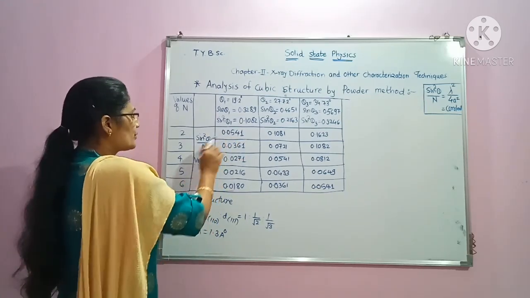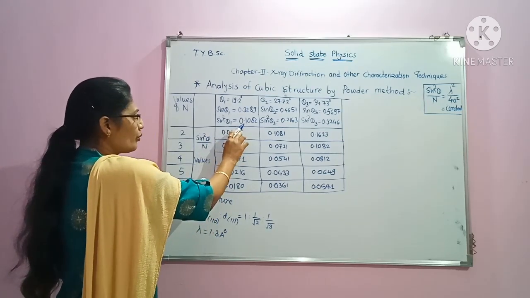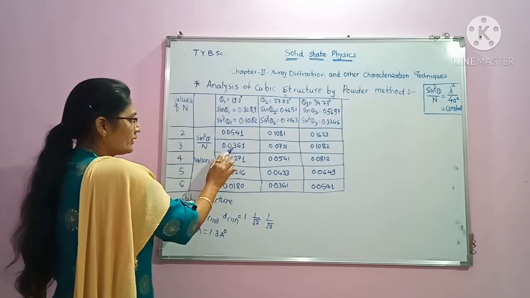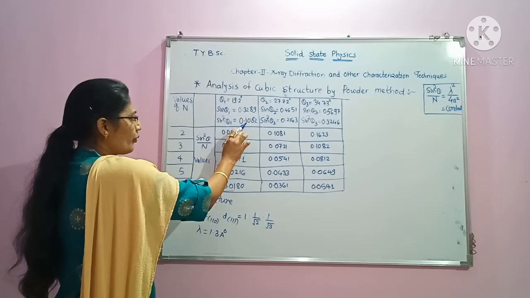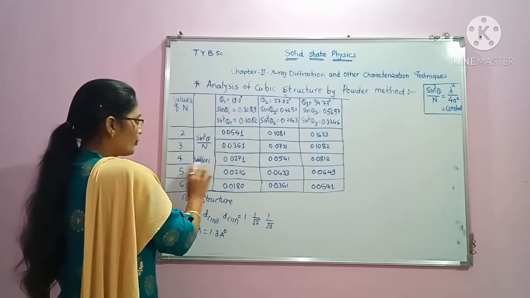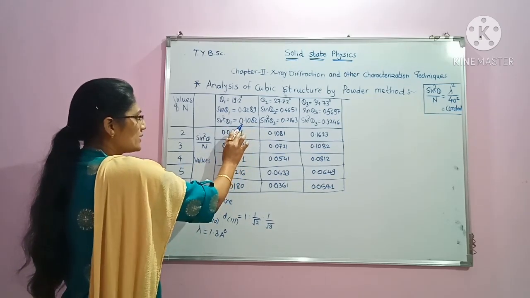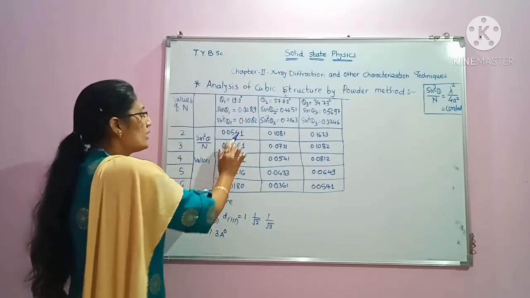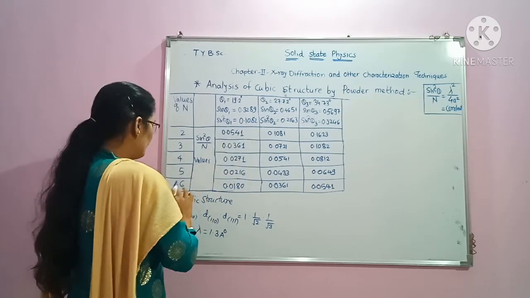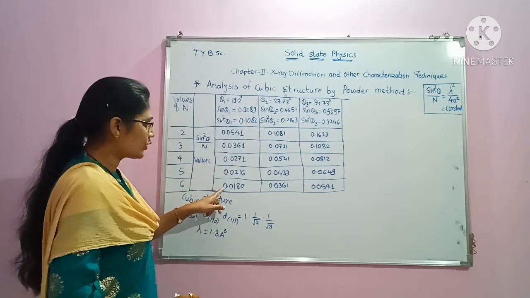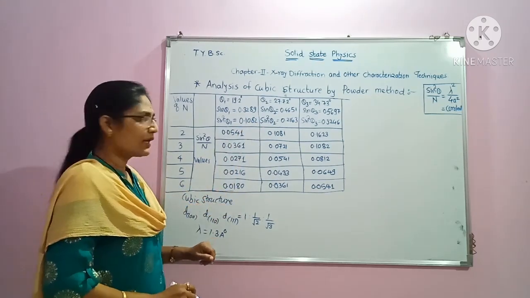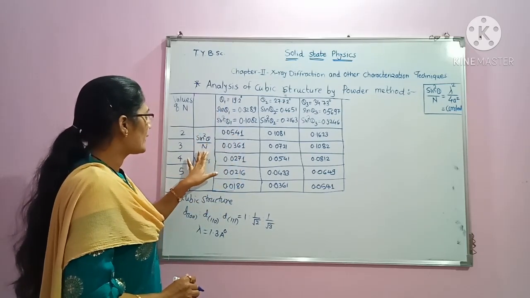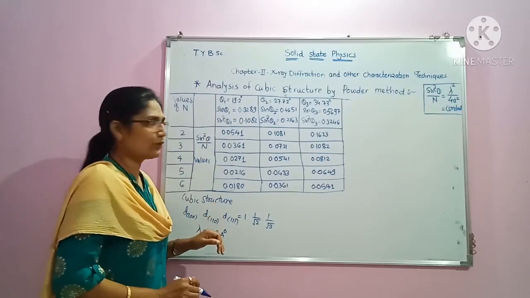Similarly, 0.1082 divided by 3, by 4, by 5, and then 0.1082 divided by 6, we will obtain 0.0182. Like that, this column is filled for sin square theta upon n for the respective theta 1 value.